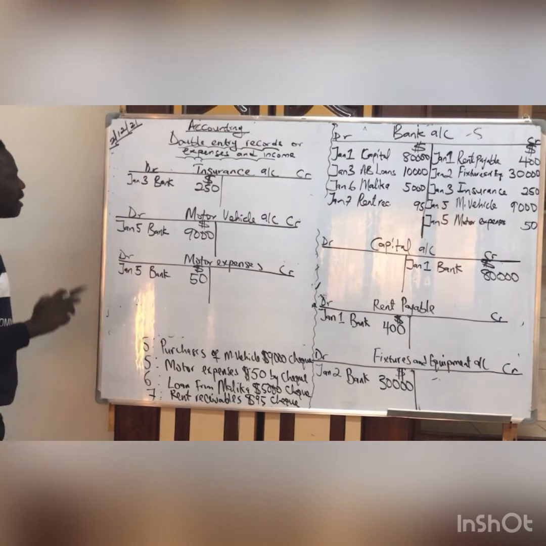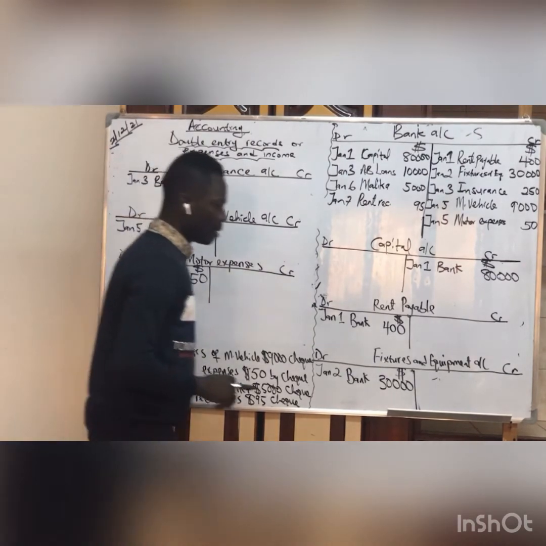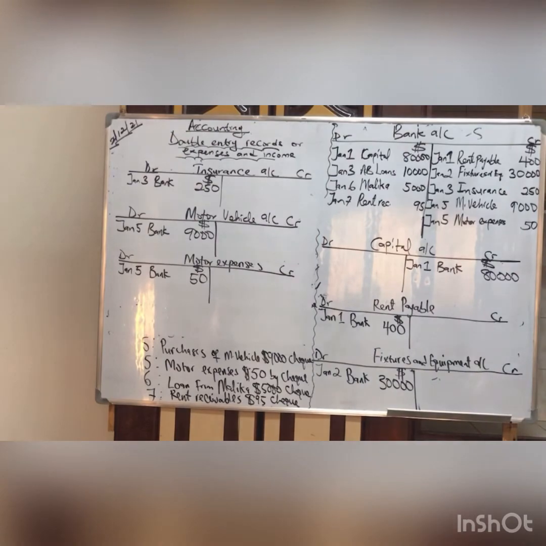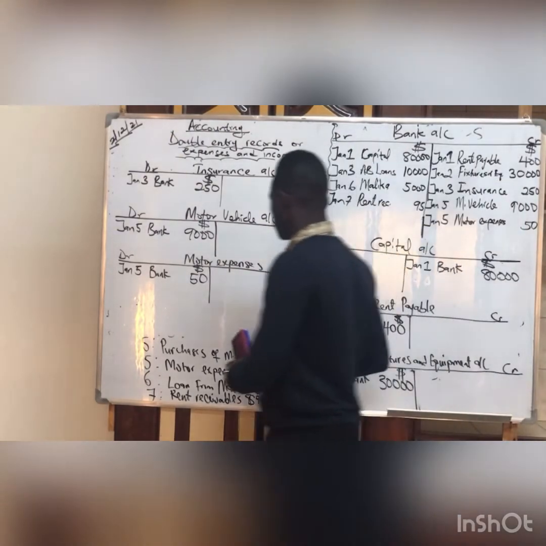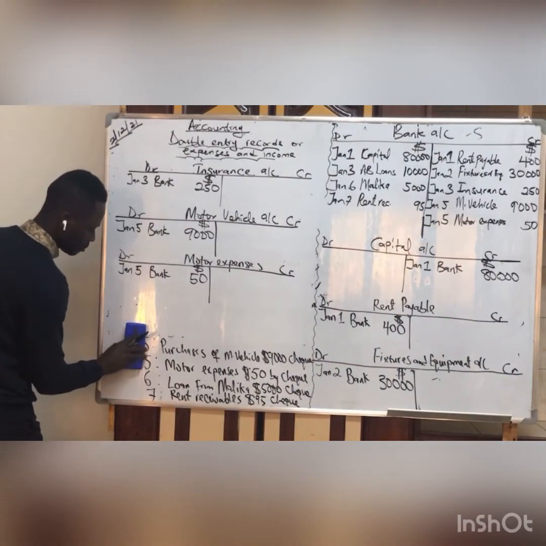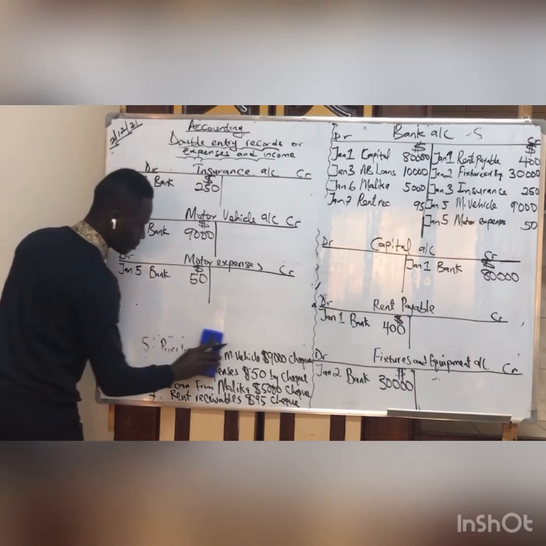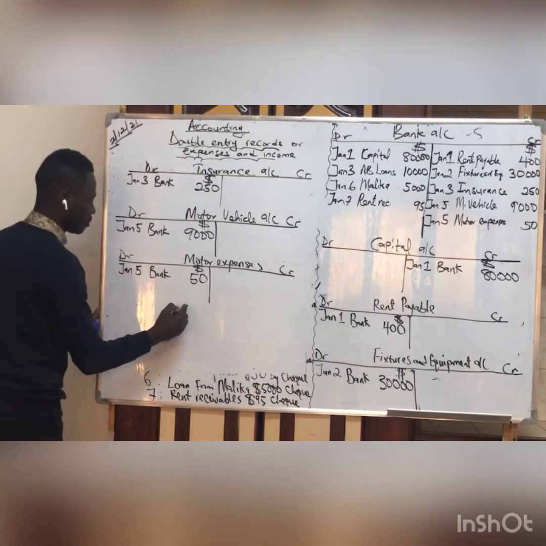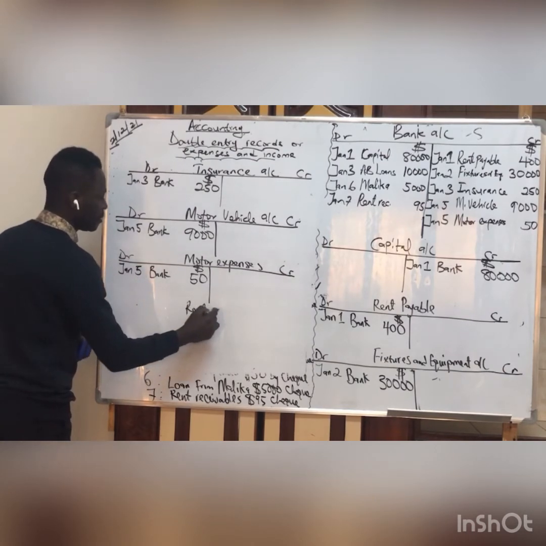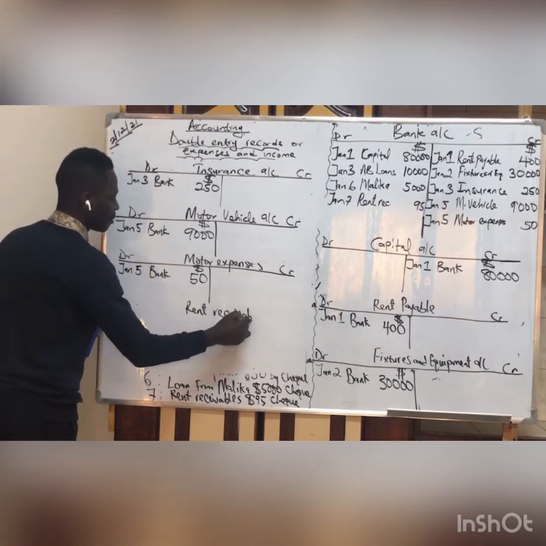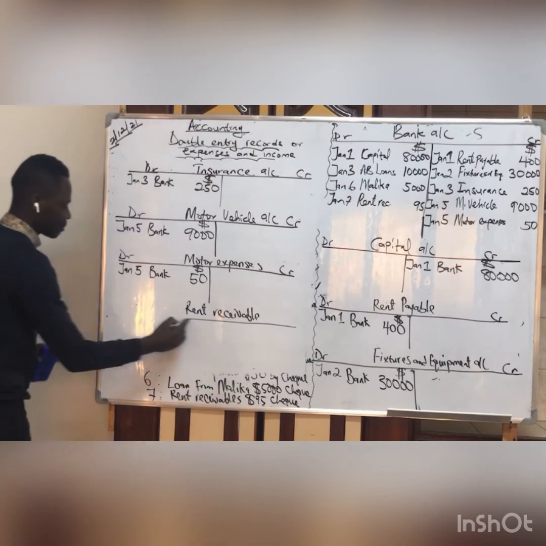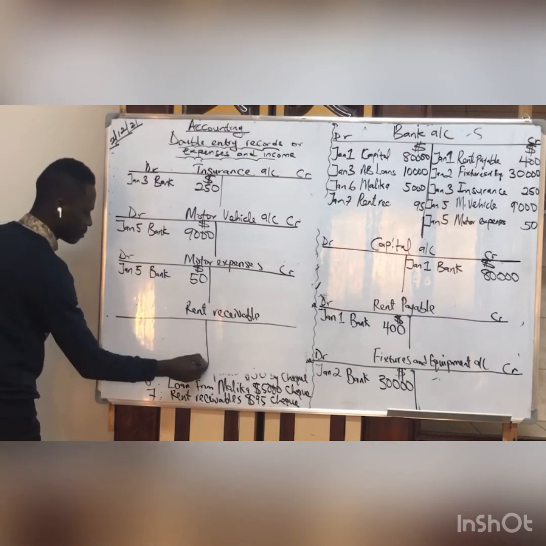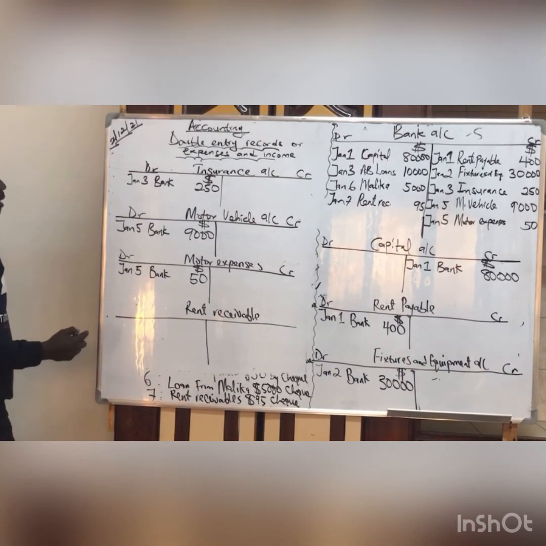What else do we have? We have just one more, right? Yeah. And it is rent receivable. So, rent receivable, where is it?